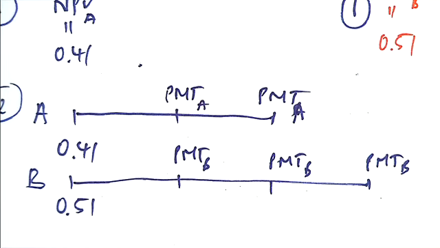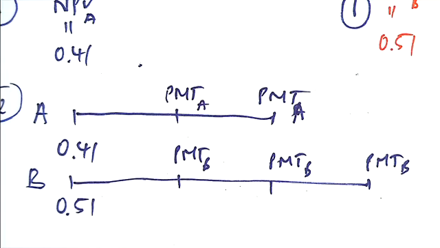And remember, the PMT can be understood as the same cash flow every year. So actually, you are making your project A effectively as 2 one-year projects, right? Your project B will be your 3 one-year projects. Now, can you compare the one-year project with each other?